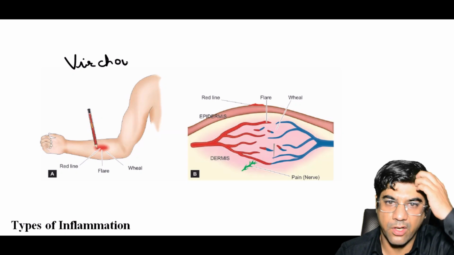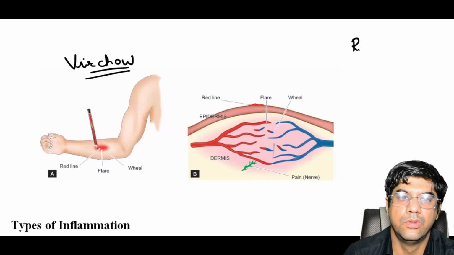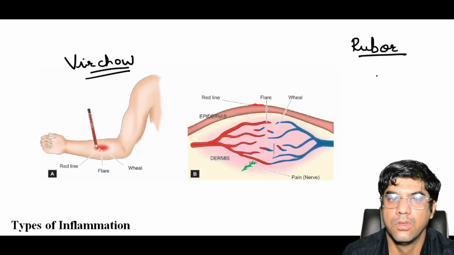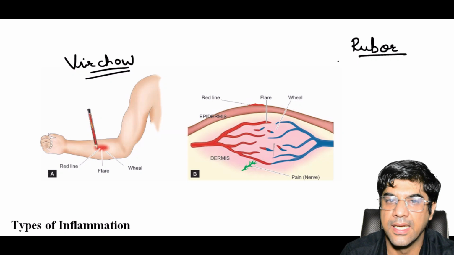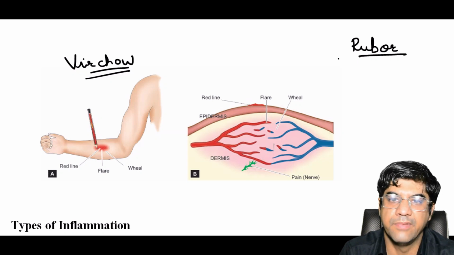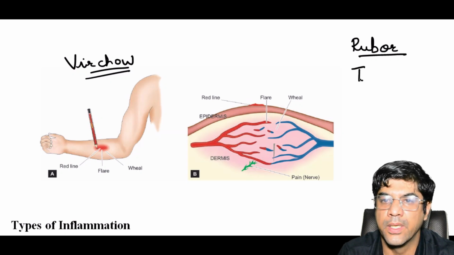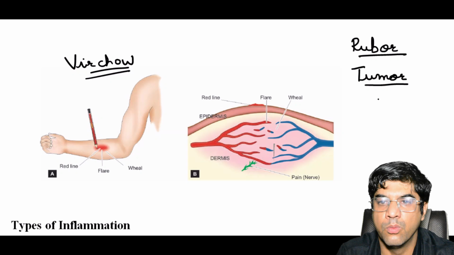Now what are the main signs of inflammation? As discussed in the video, the main signs are, the first is rubor, that means redness. That happens when there is more blood flow to the affected area. The second is tumor, that is swelling, that occurs due to fluid accumulation.